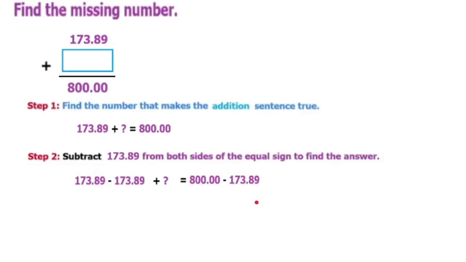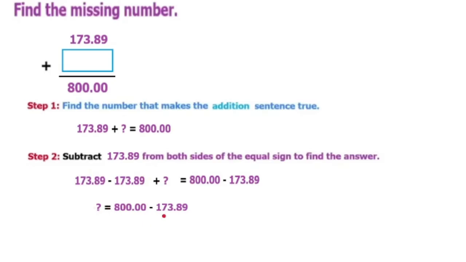So let's do that. 173.89 minus 173.89 plus the question mark equals 800.00 minus 173.89. So when we subtract this, we're left with 0. 0 plus question mark just leaves us with question mark.